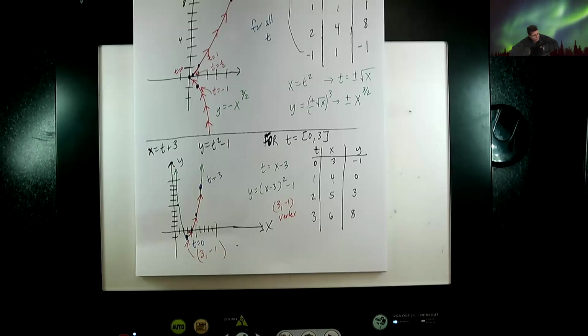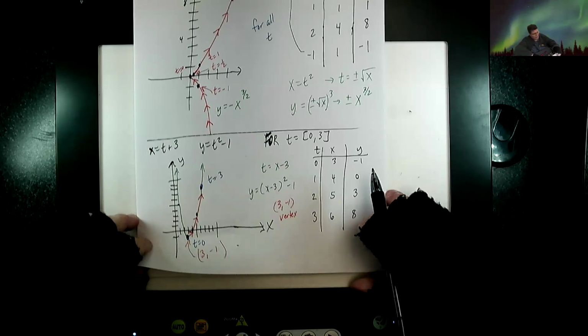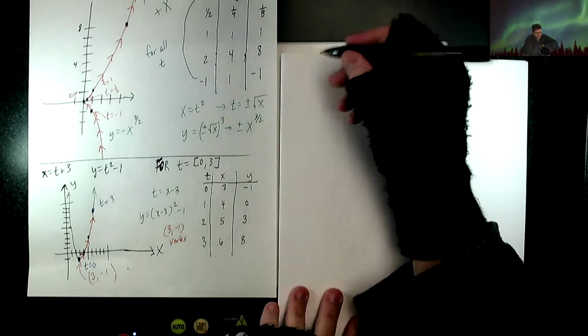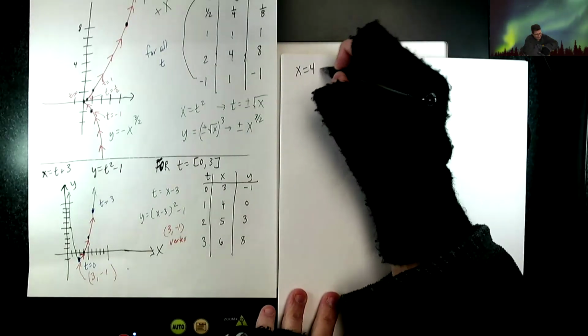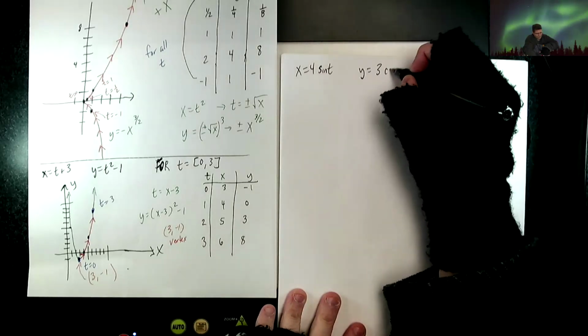You guys ready for some more? Let me give you guys another one to do. X equals 4 sine t. Y equals 3 cosine t.